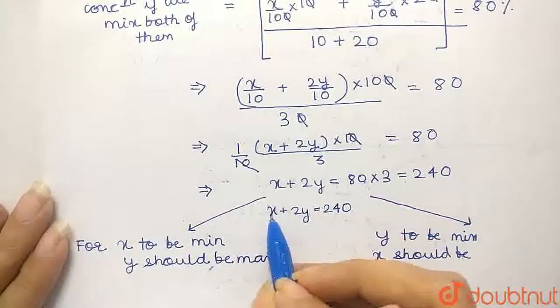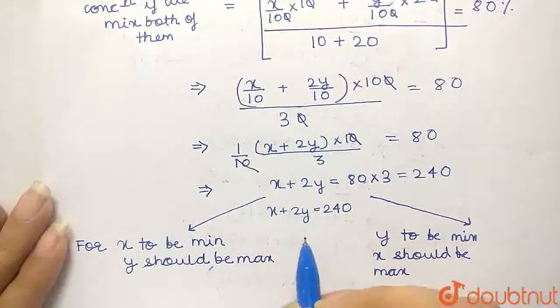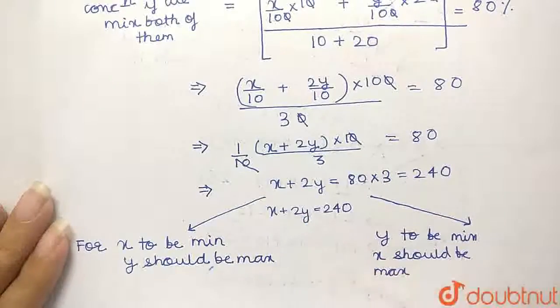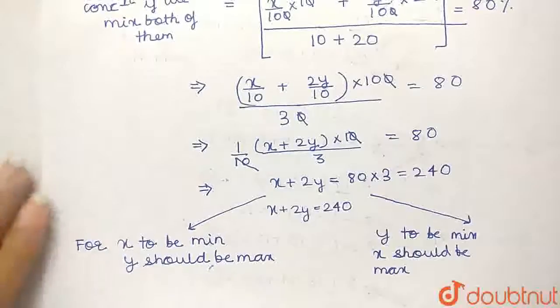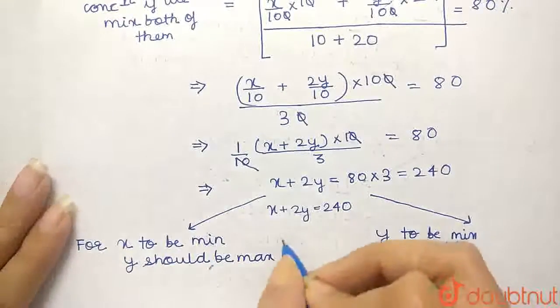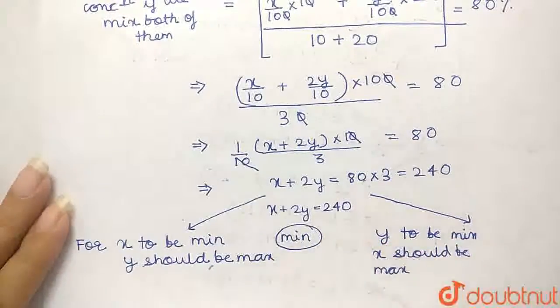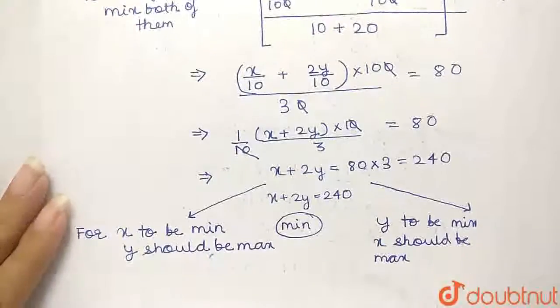If the value of X is higher, simultaneously the value of Y will become lower and vice versa. So we are trying to see both of the cases to find the minimum possible value of the concentration. Now for X to be minimum, Y should be maximum.